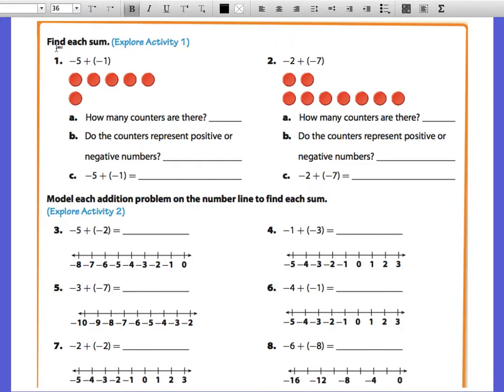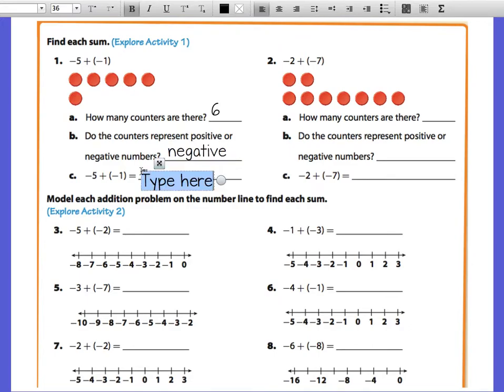All right, so here for this one, what I want you to do, I want you to try numbers 1 and 2 on your own, and then come back and check your work. If you're still really struggling, go through number 1 with me, and then try number 2 on your own. Okay, so in this case, even though they're both negatives, I know that there are 6 counters, and they represent negative numbers.